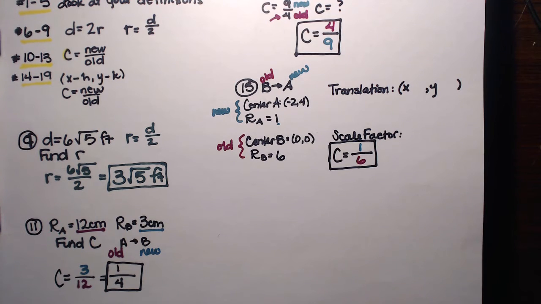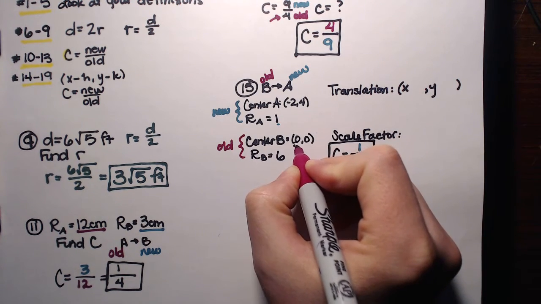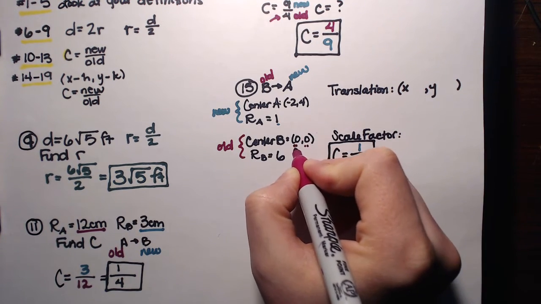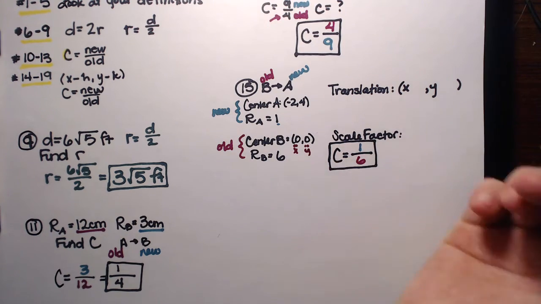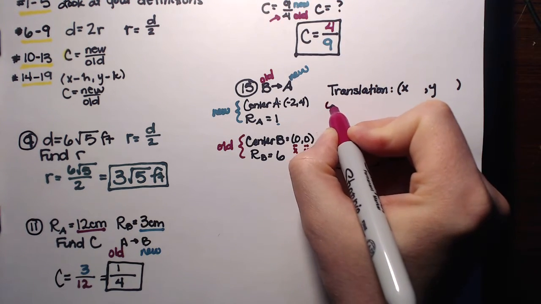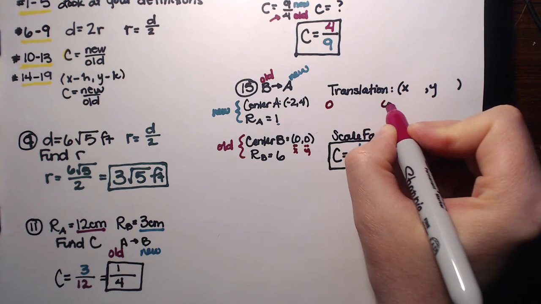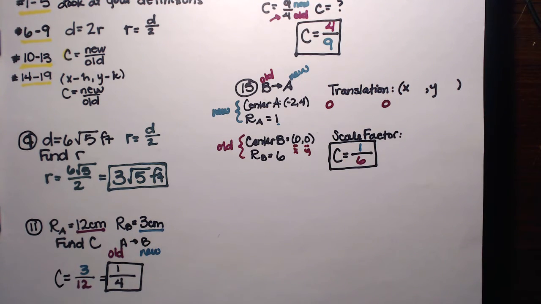And it's easiest to identify that direction from the center of the circle. So if we're starting at the old place, so for my x value and my y value, I'm starting at 0 for y and x. Then I'm going to -2.